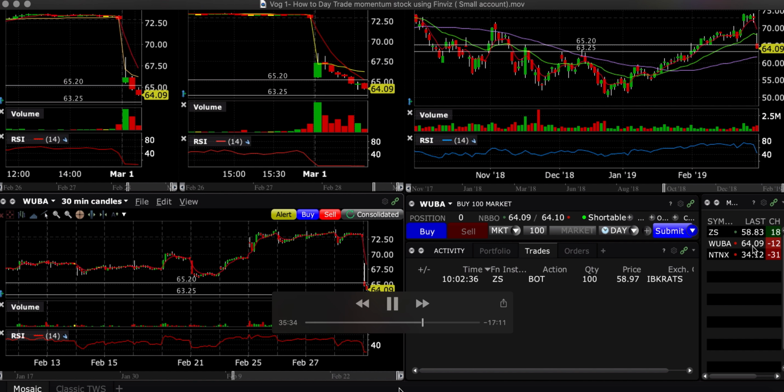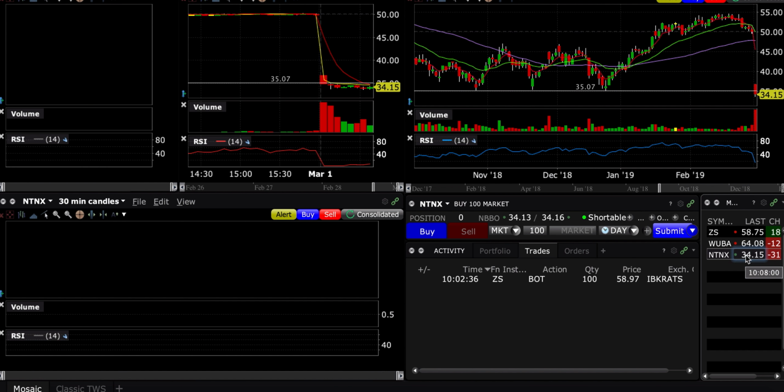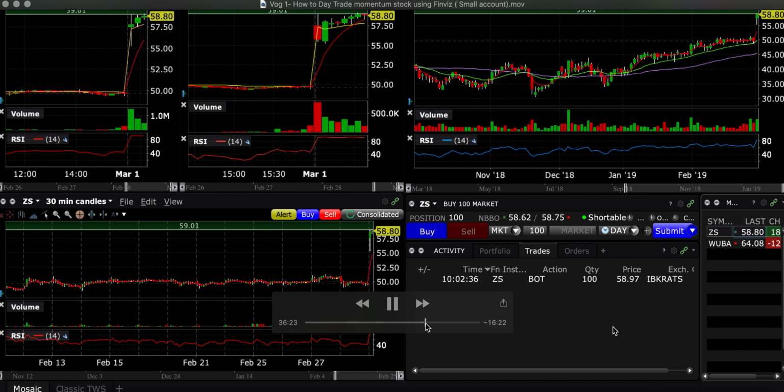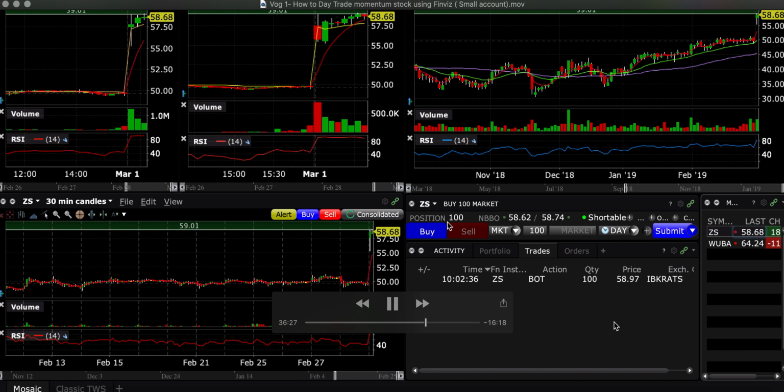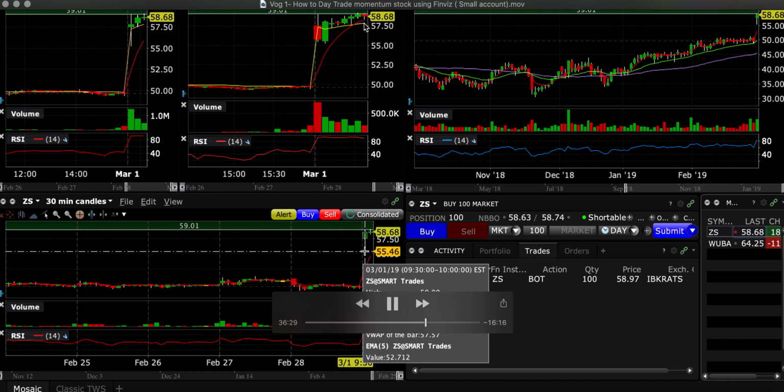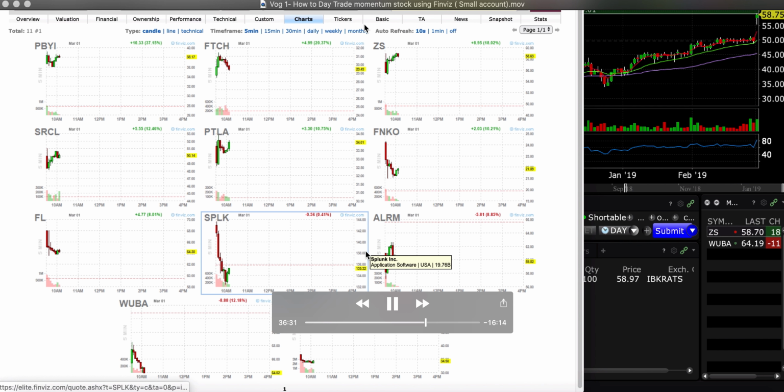So we're letting it develop, right? What you'll see on this ZS name is it has a lot of knee-jerk reactions, had a big drop, coming back up.